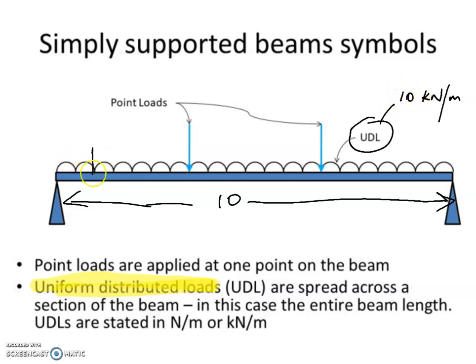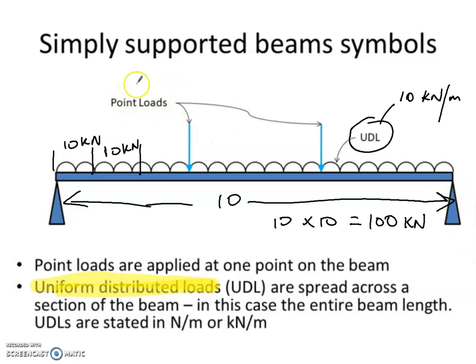So if we have 1 meter here, 10 kilonewtons will be acting on it. The next meter, 10 kilonewtons will act on it, and so on. So in total, the total load from the UDL on this beam will be 10 meters times the 10 kilonewtons, or 100 kilonewtons in total.